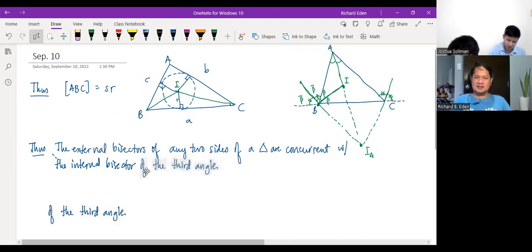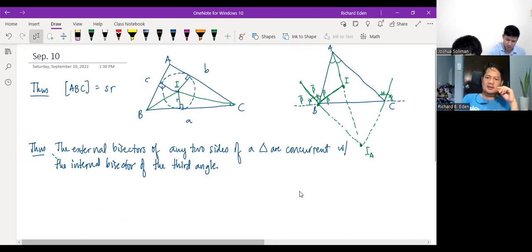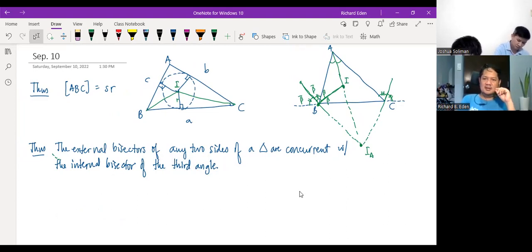So I was saying IBCIA is a cyclic quadrilateral. Hold on. IBIAC is a cyclic quadrilateral?